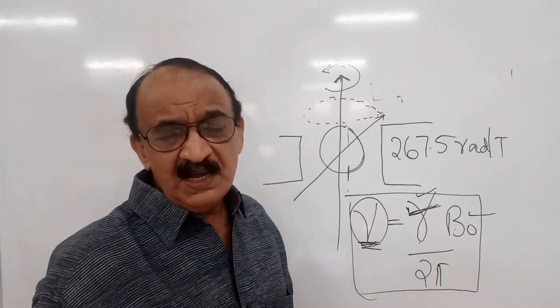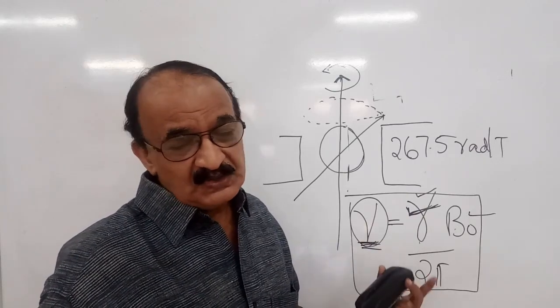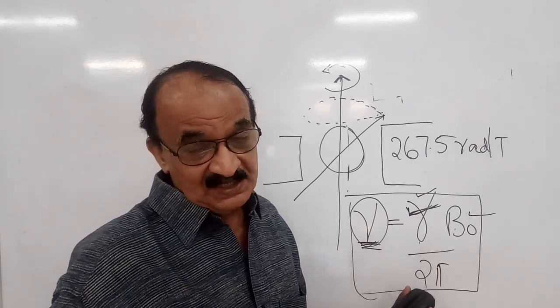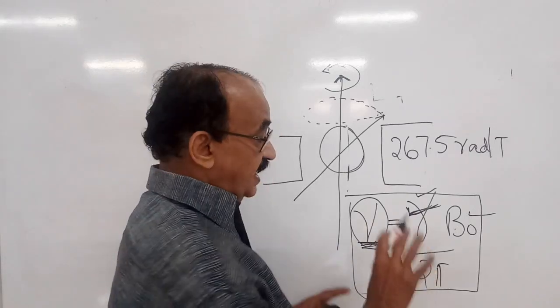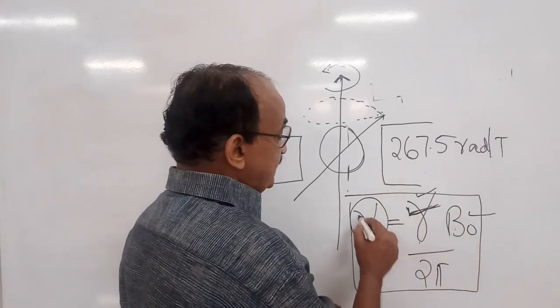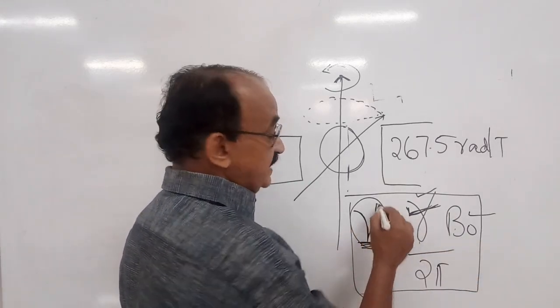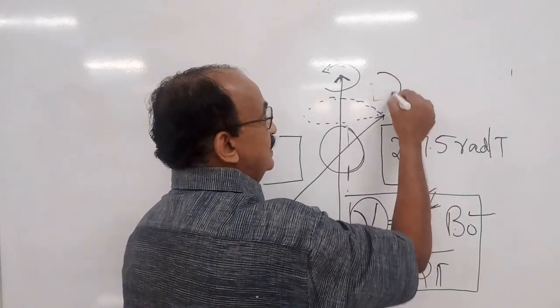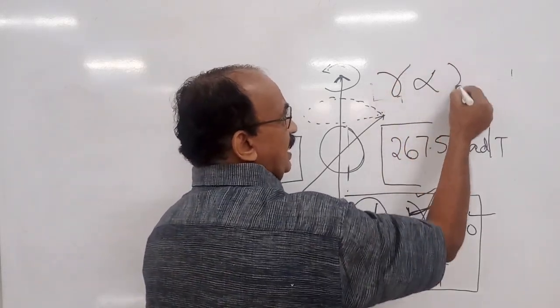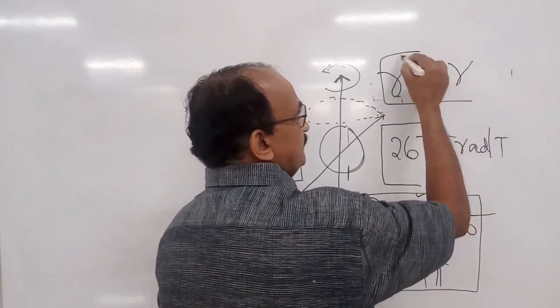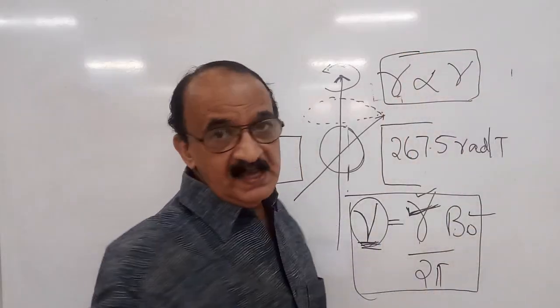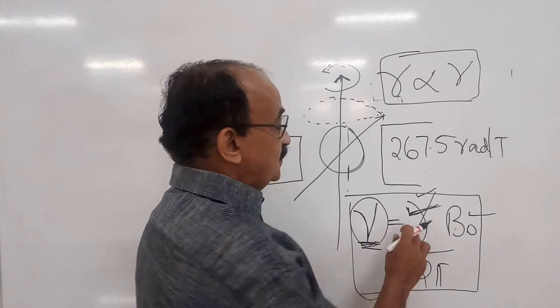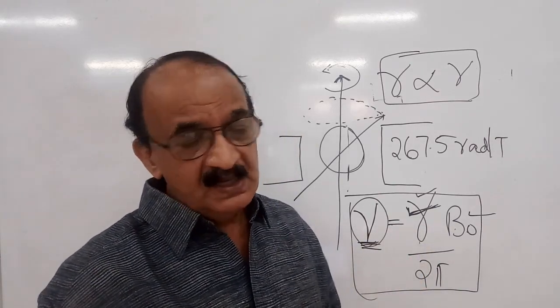We can also compare the frequencies for the resonance using this expression. Ultimately we can say the frequency for the resonance absorption is proportional to gamma, when B is kept constant. Nu is proportional to gamma. Remember that.